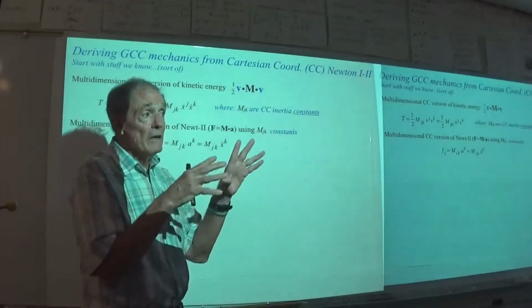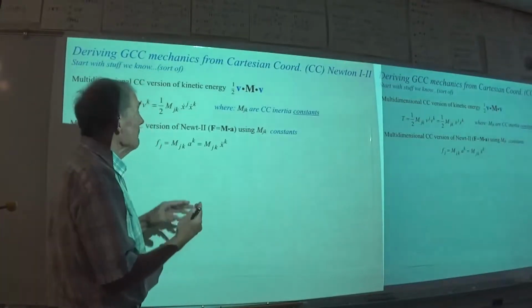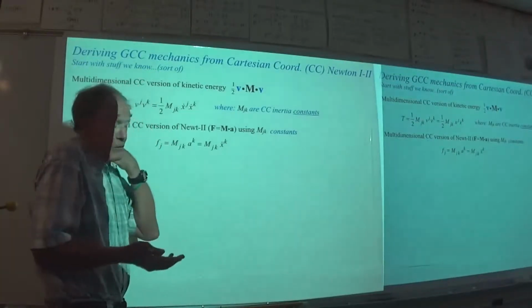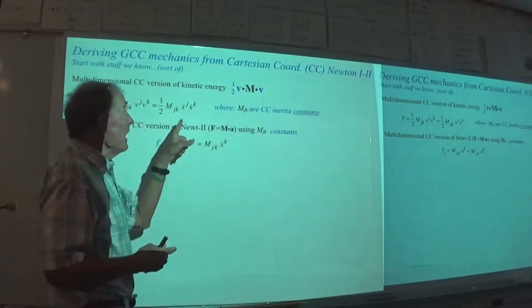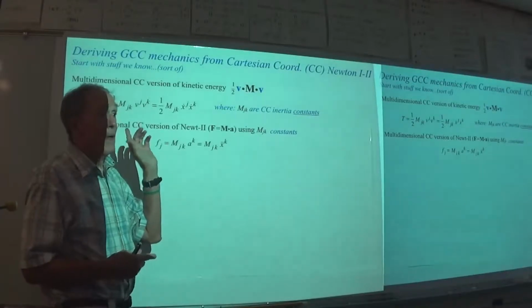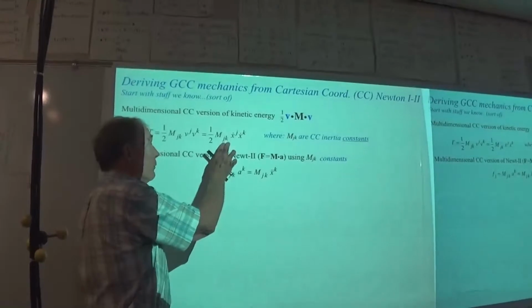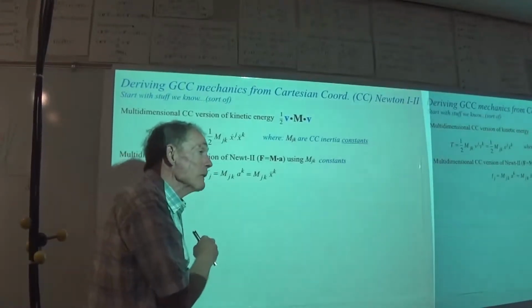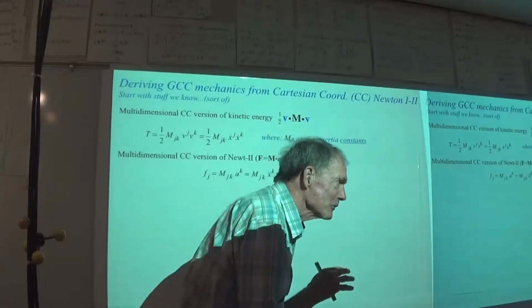Now this could be of many particles. So if I had 3 particles, and then if I was letting them run in 3 dimensions, I'd have 9-dimensional sums to do here. And I'm ready to accept that. Now, what in the world do off-diagonal M matrices have? Where does that show up in physics?